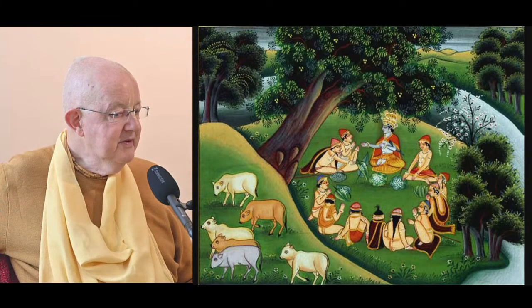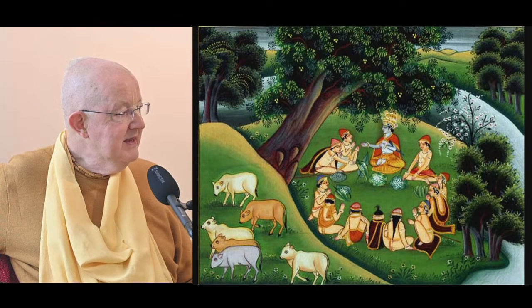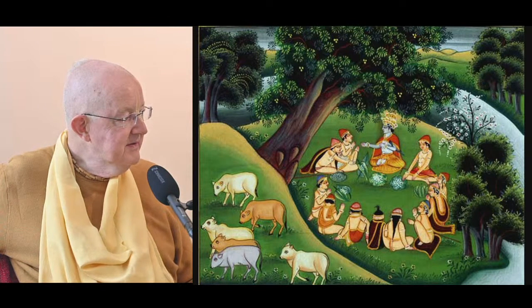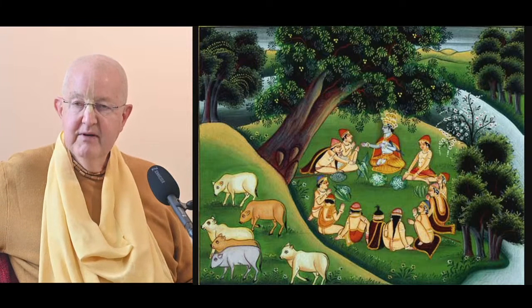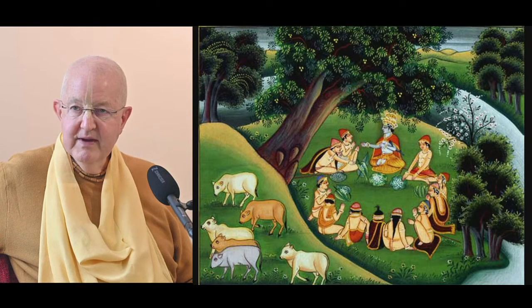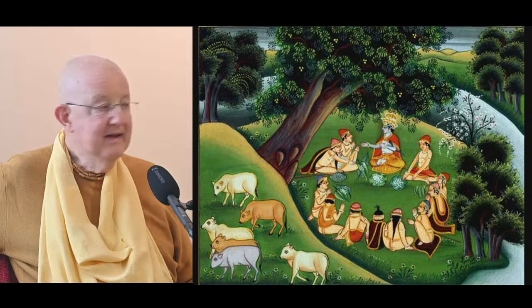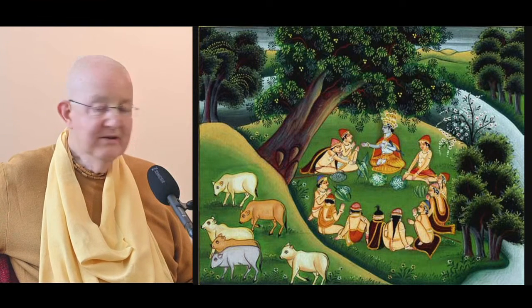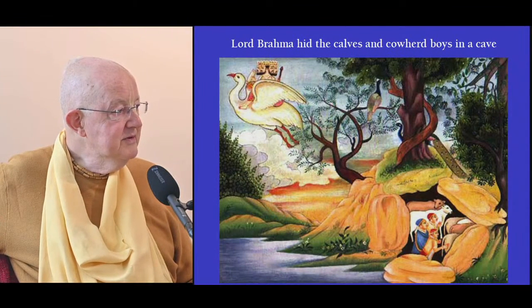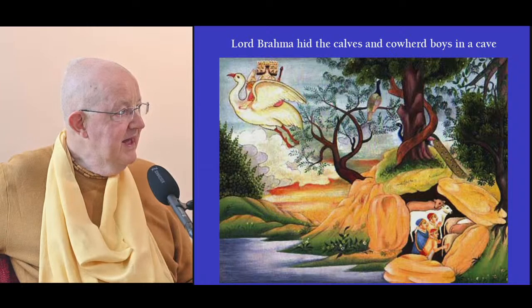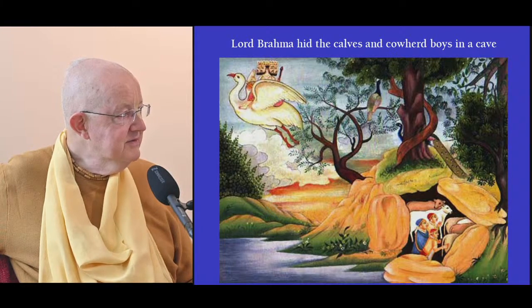So what had happened was Brahma had taken all the calves and placed them in a cave. And when Krishna went looking for the calves, he couldn't find them. And when he came back, he couldn't find the cowherd boys either, because Brahma put the cowherd boys and the calves inside a cave.